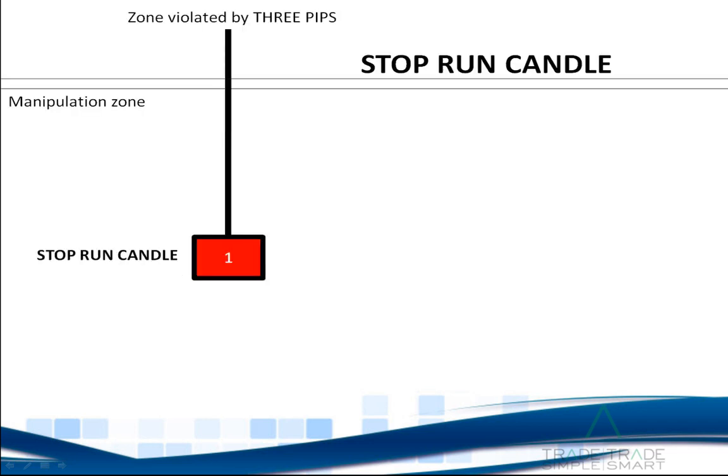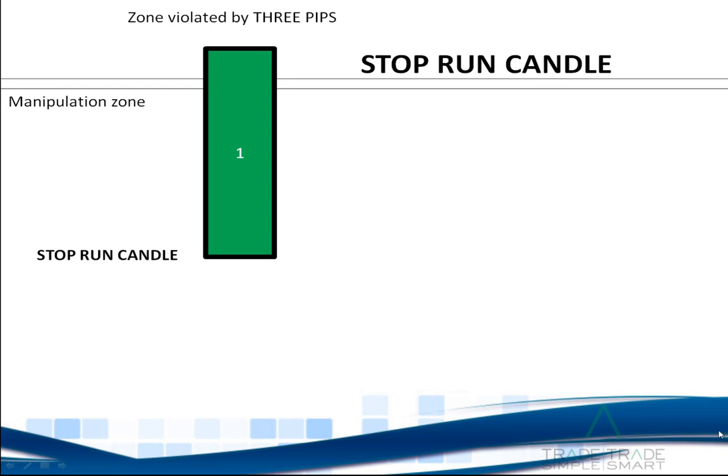If we look at this example, we have the stop run candle and we have the manipulation zone, which is represented by these 2 lines, and this hammer has been thrown through the manipulation zone and it's violated the zone by a minimum of 3 pips. So we would label this candle as candle 1, and this will become our stop run candle. The candle doesn't have to be a hammer.